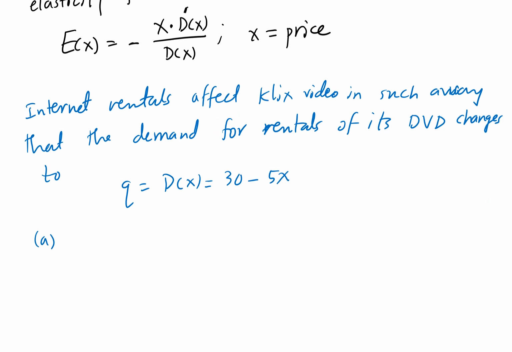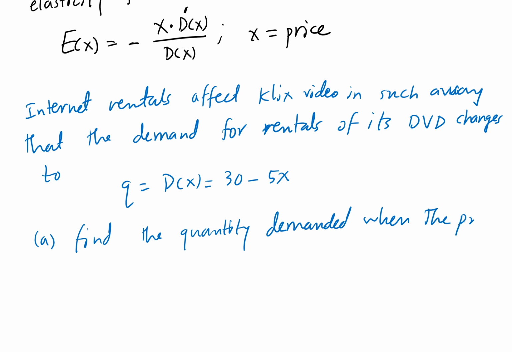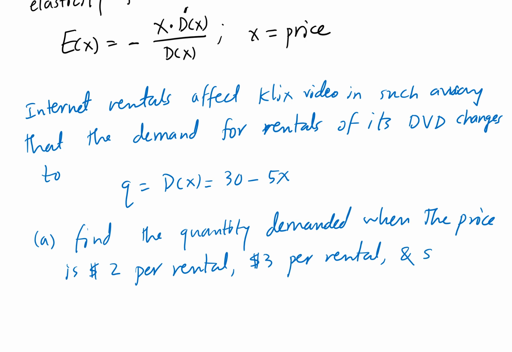Part A, find the quantity demanded when the price is $2 per rental, $3 per rental, and $5 per rental.